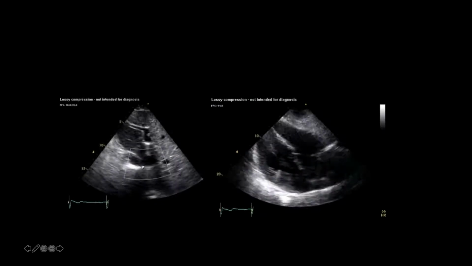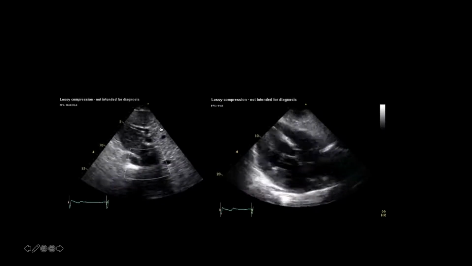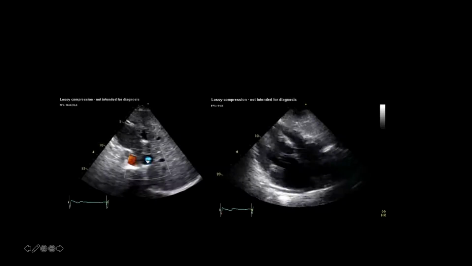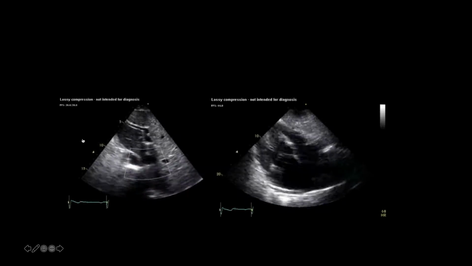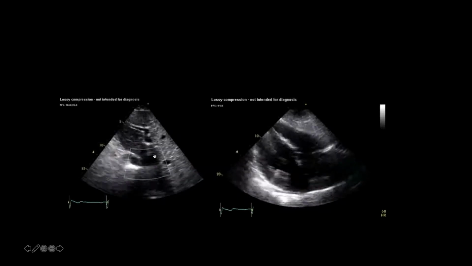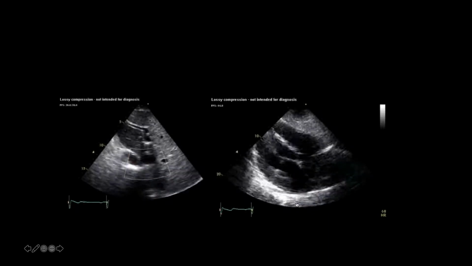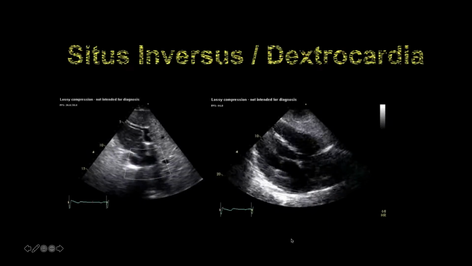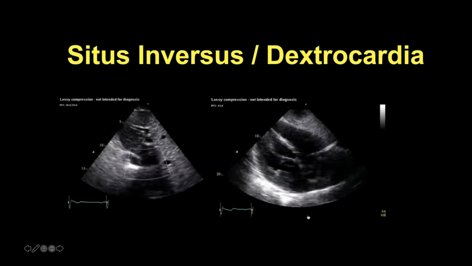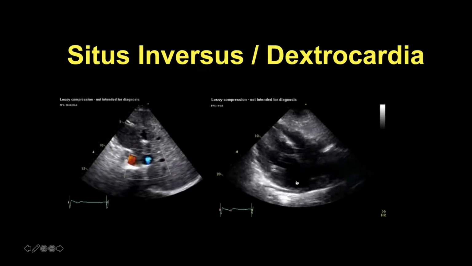Or in this example, the liver is on the left, the IVC is on the left, the aorta is on the right, so abdominal situs inversus. So this patient probably also has cardiac situs inversus, so it means the right atrium is on the left and the left atrium is on the right.